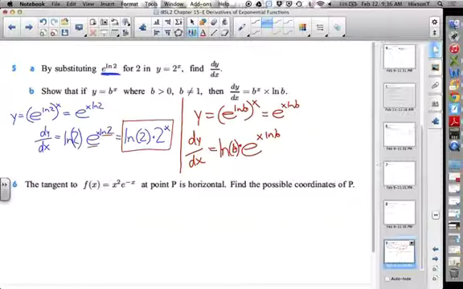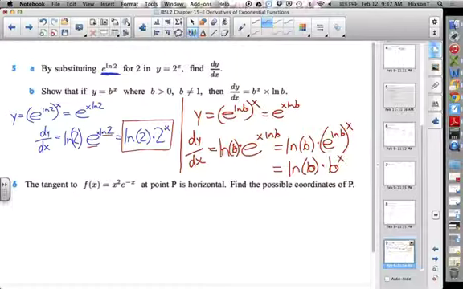Now we'll do that back substitution again. We have the natural log of b times e to the natural log of b to the x power. And that just equals b. So the natural log of b times b to the x power. So that rule works for everything.